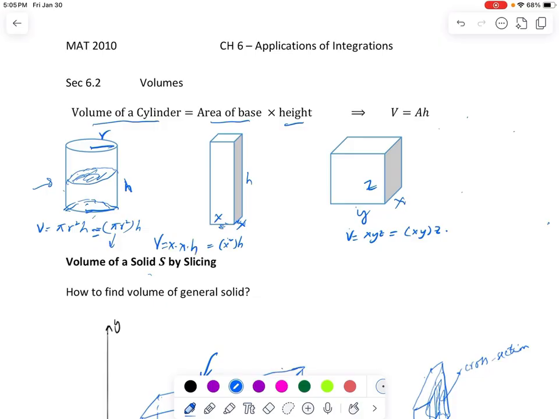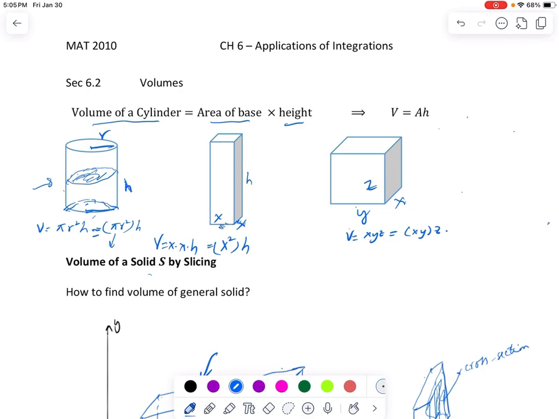Now think about it: what is x squared? x squared is the area of the base. So the volume can be written as the area of the base times the height.